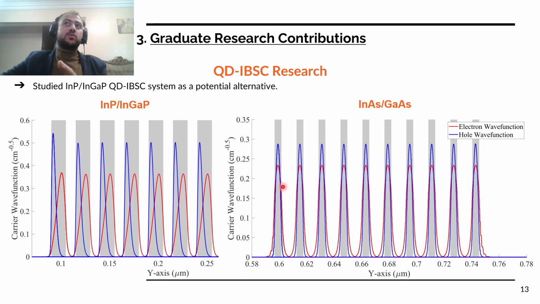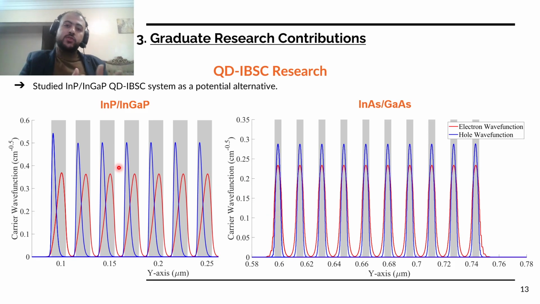However, this would cause a very elevated recombination rate, because, as we may know, most recombination rate equations contain the product of n and p. So at each point inside the quantum dots, the product np would be at a maximum value, which would cause an elevated recombination rate.